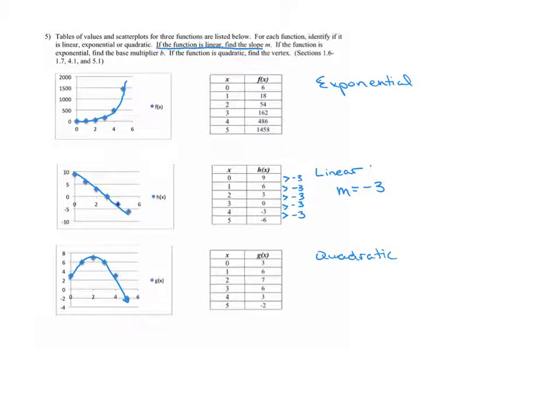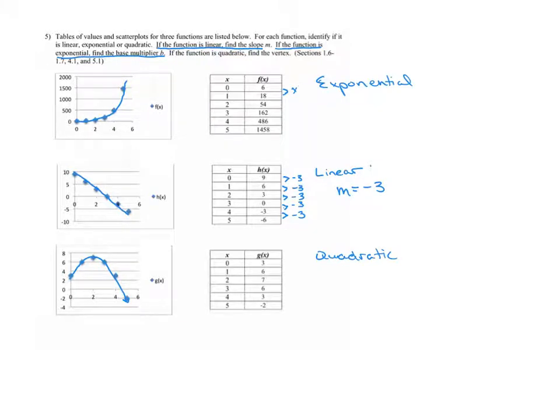The second option we have, if the function is exponential, is to find the base multiplier. The base multiplier is similar to the slope, except instead of adding or subtracting, we're multiplying. For instance, on my exponential function, how do we get from 6 to 18?